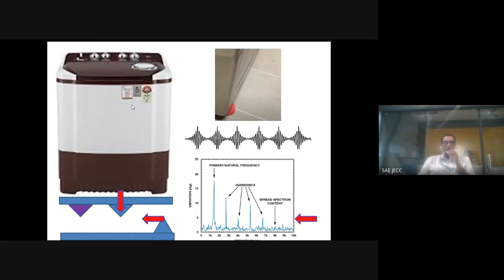So simply I am giving an example that to reduce vibration in our day-to-day life, we do redistribution or change of the distribution of the mass. That is one way of eliminating or attenuating vibration in this dryer.